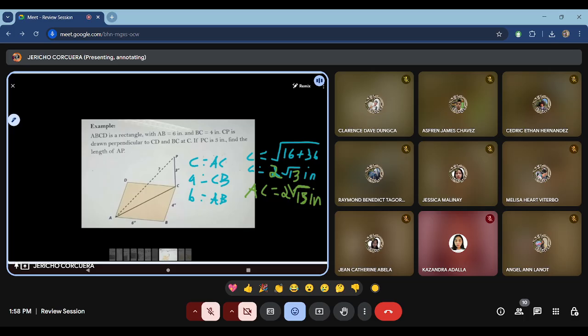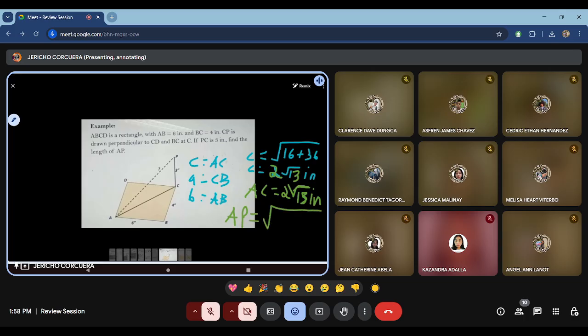Now we have already the value of AC. Now we can now find the value of AP since we already have the given. So let's do again the shortcut method. The short method na lang para mabilis. Then square na agad natin.